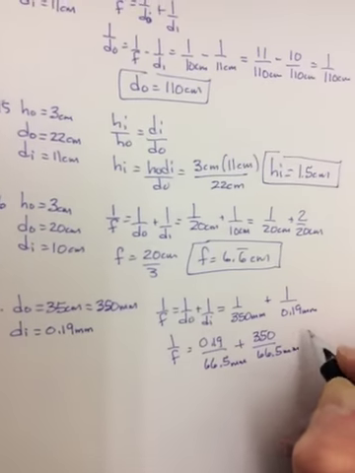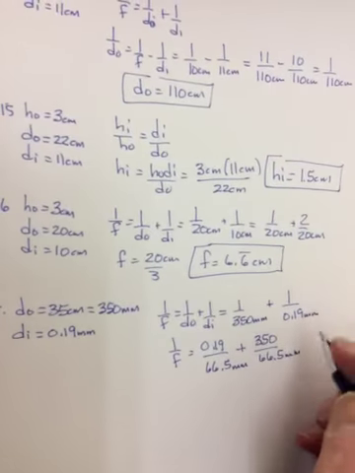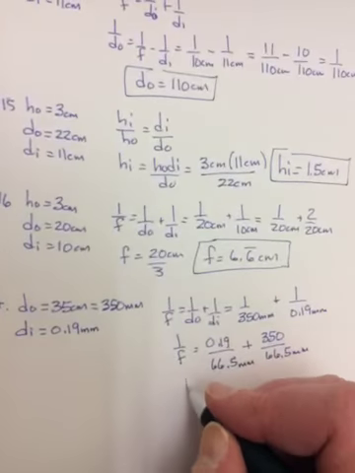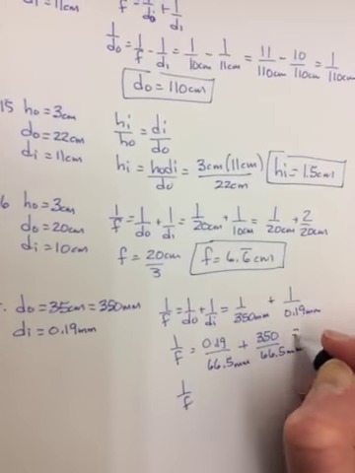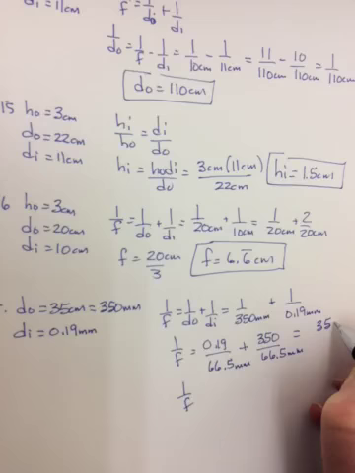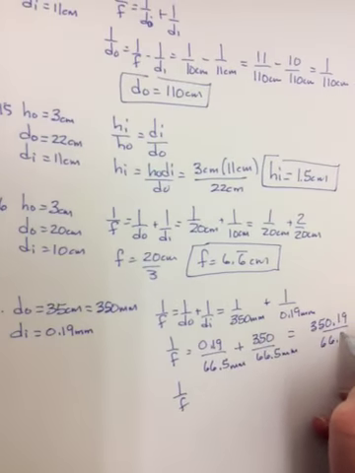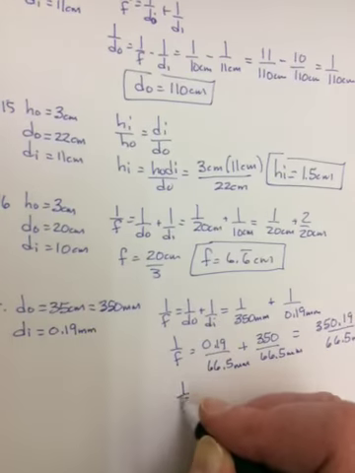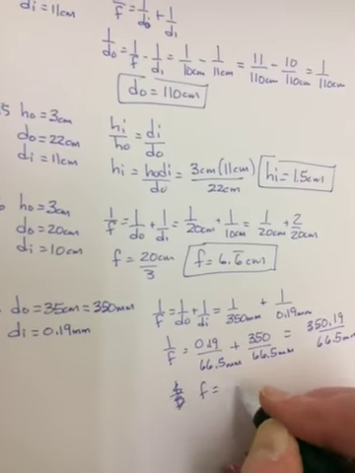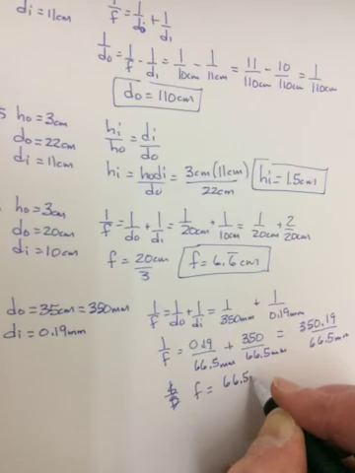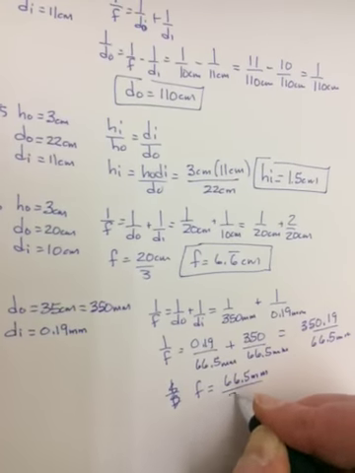You actually might want to write it as 1.9 to get rid of the decimals, but so on the top here you will have 350.19 over 66.5 millimeters. So F then will equal 66.5 millimeters over 350.19.